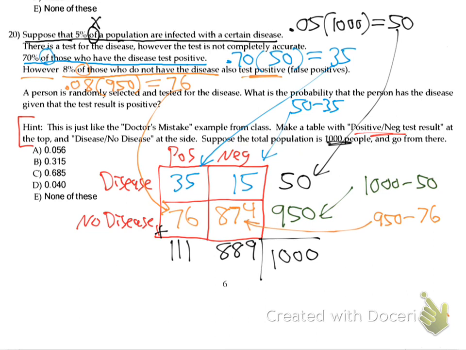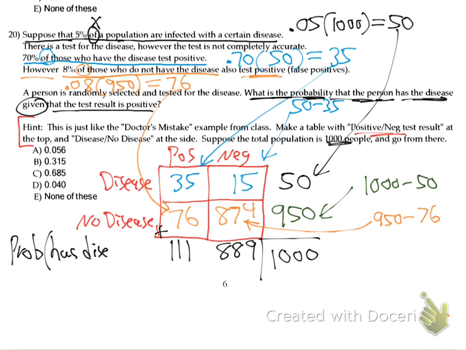Where is the question? Oh, there it is. What is the probability that a person has the disease given, it's a given, that the test is positive? Let me write this down. Probability has the disease given the test is positive.